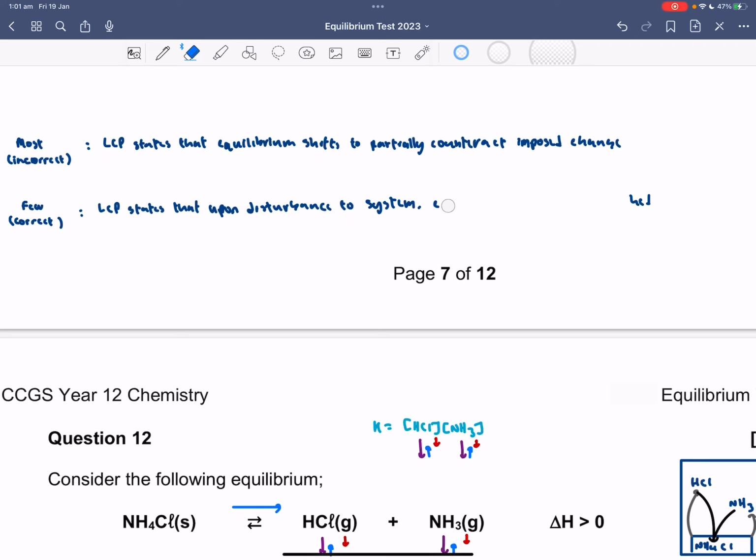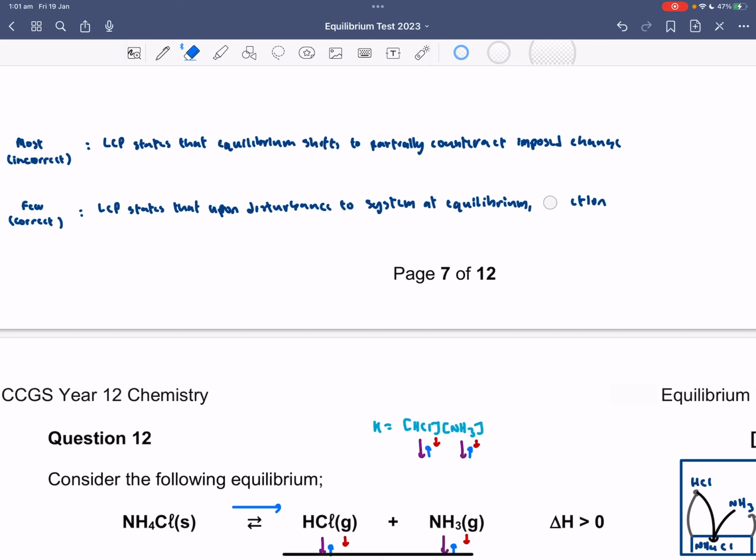LCP states that upon disturbance to a system at equilibrium, I don't want to say the reaction shifts.